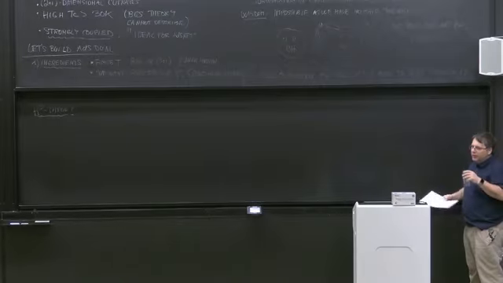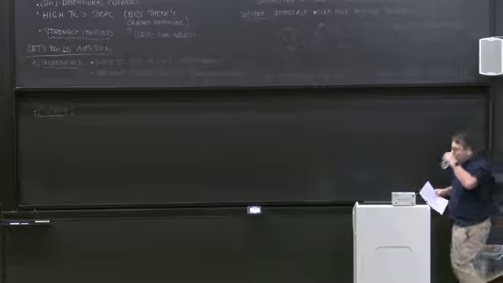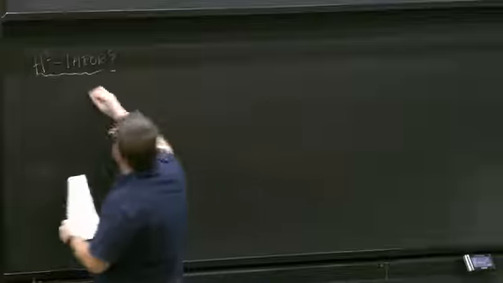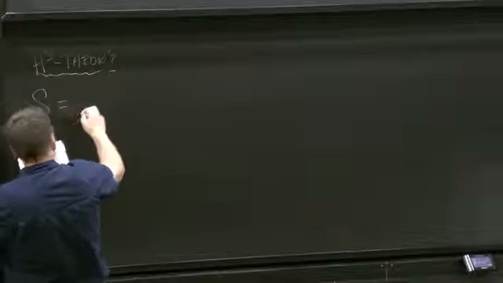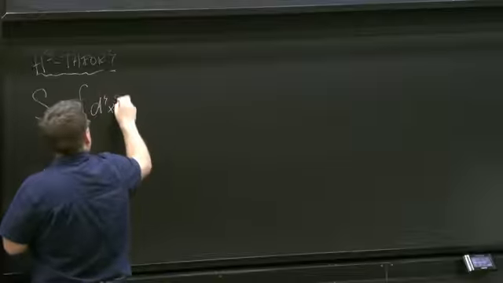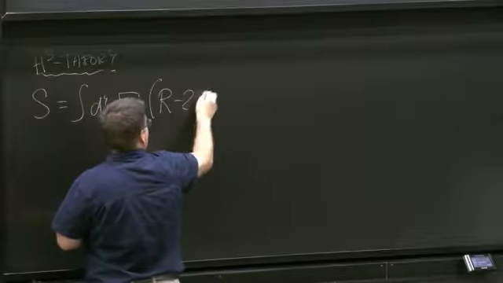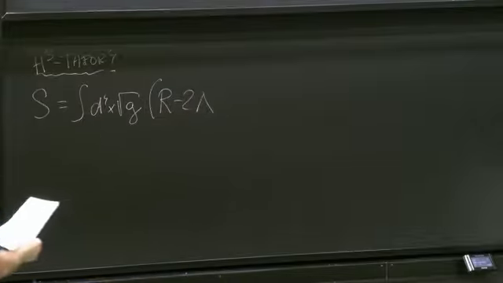It will be just Einstein-Hilbert plus scalar plus electromagnetism. So here, they wrote this thing. This is our action: d4x square root of g, Einstein-Hilbert with negative cosmological constant.